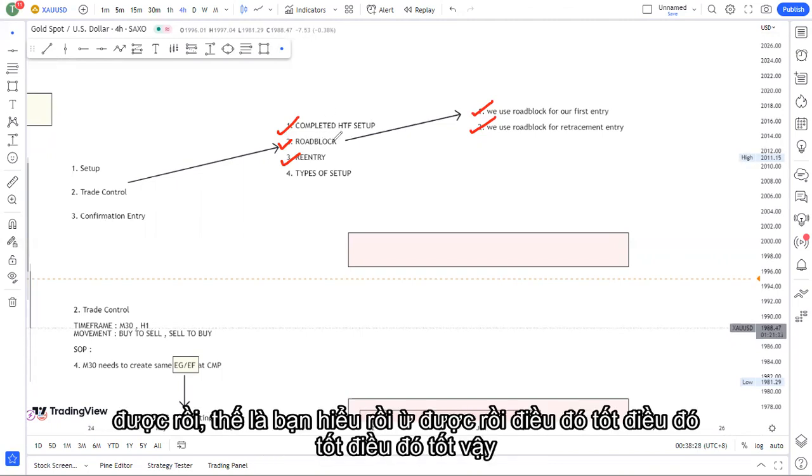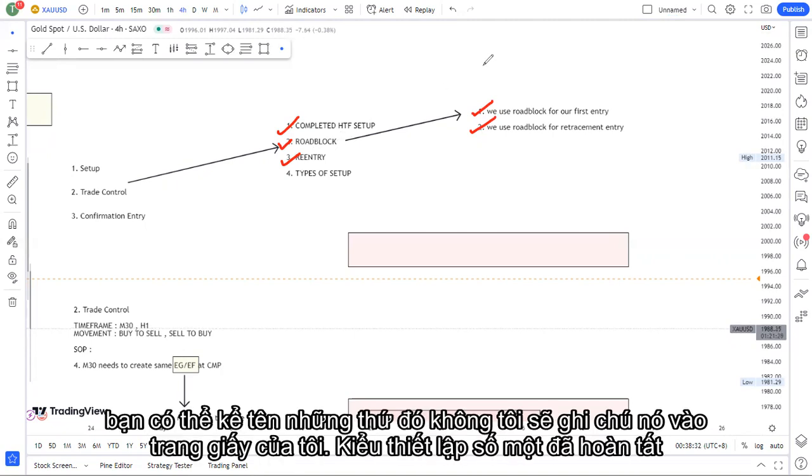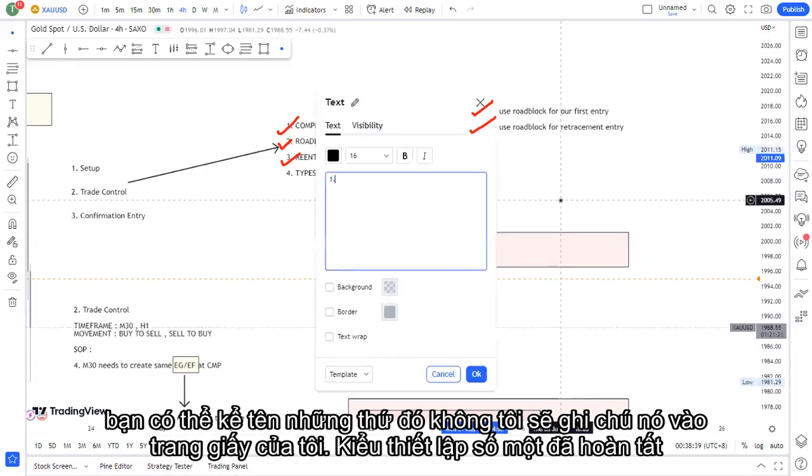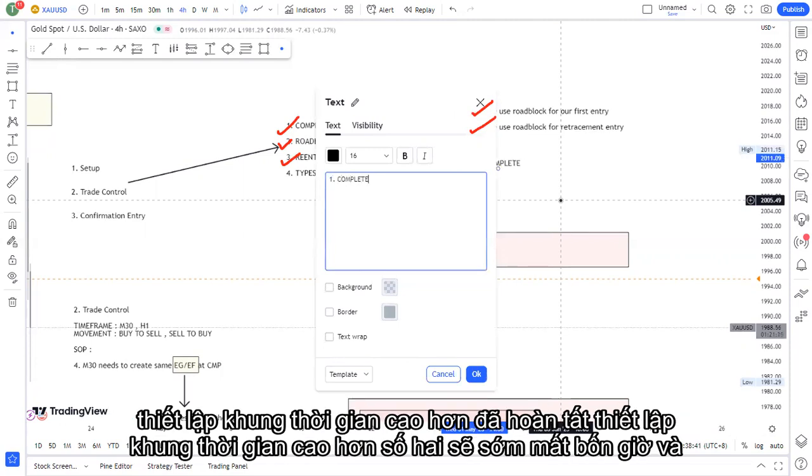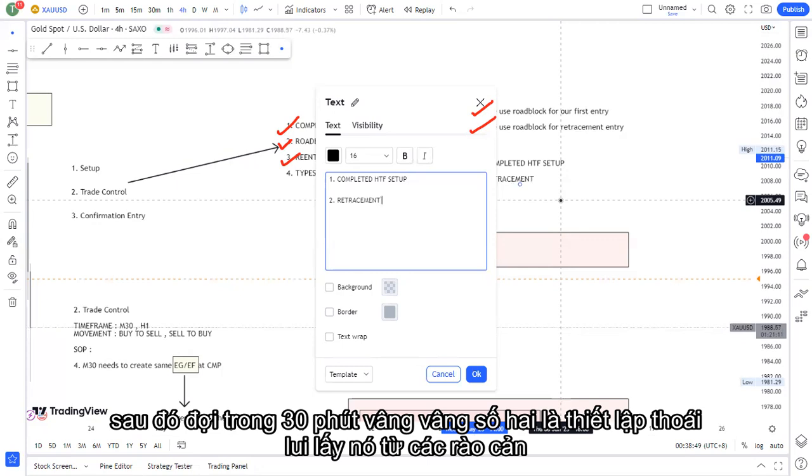Which is, you understand it all. All right, that's good. So can you name those? I'll just note it down on my sheet. Types of setup. Number 1 is the completed high time frame setup. Number 2 is the retracement setup, where we take the 4 hour zone and then wait for 30 minutes.